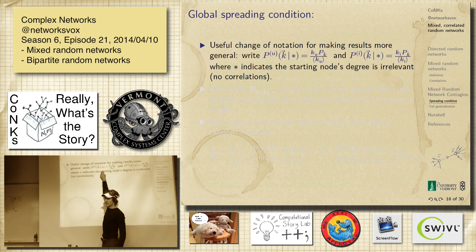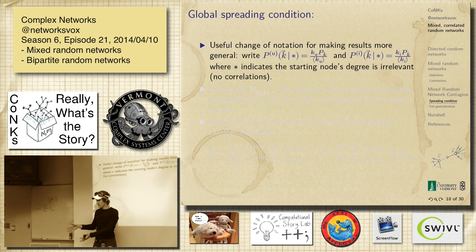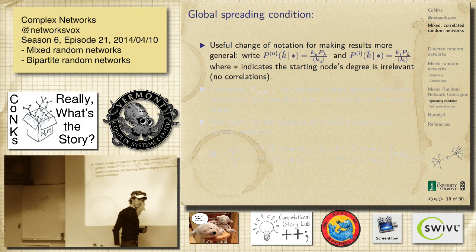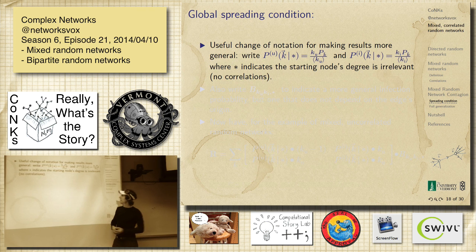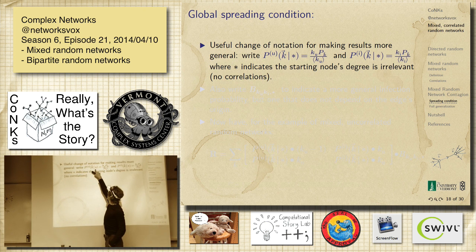And so this encodes the fact that it's uncorrelated. Because if you jump on an undirected edge, randomly chosen, and you go one way, you end up at probably a degree k node. This says it doesn't matter what the other one is, right?